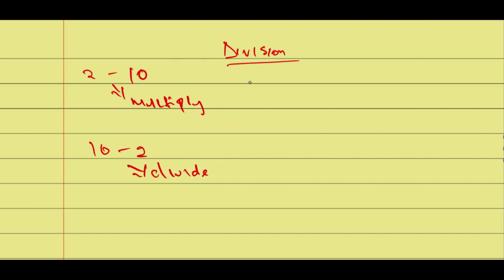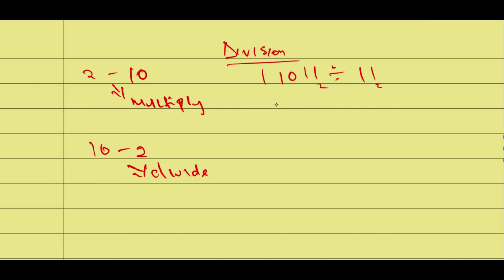So for example, in our first example, we had 11011 divided by 11 in base 2. So we're going to multiply each of these.